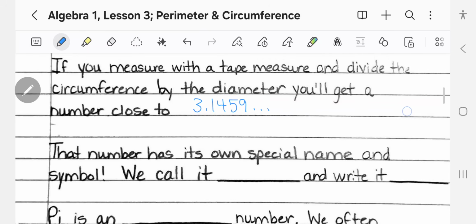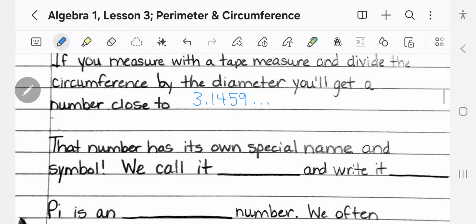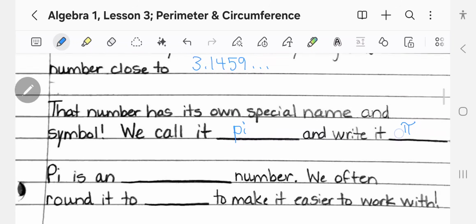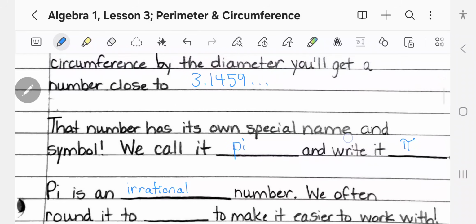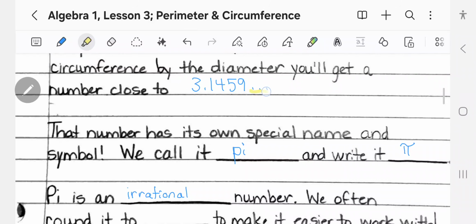That number has its own special symbol and its own special name, and we call it pi. Okay, that's a Greek letter, and we write it kind of like this, and you'll see it on a calculator. Pi is an irrational number. That just means that it keeps going. See my dots here? That means those digits keep going.